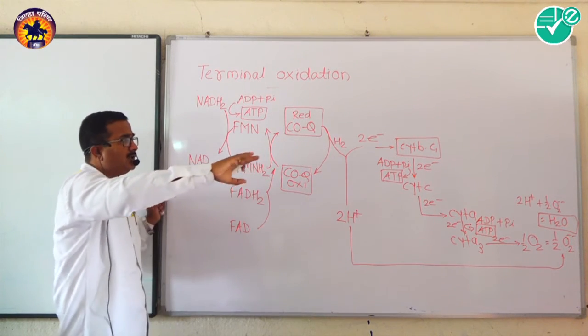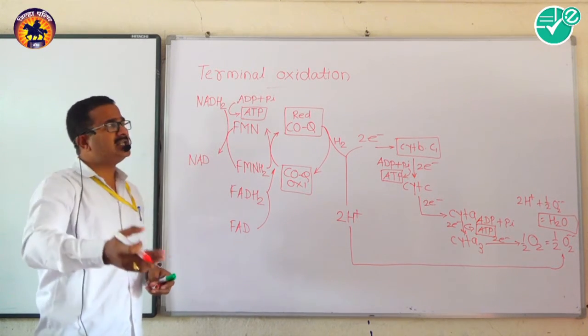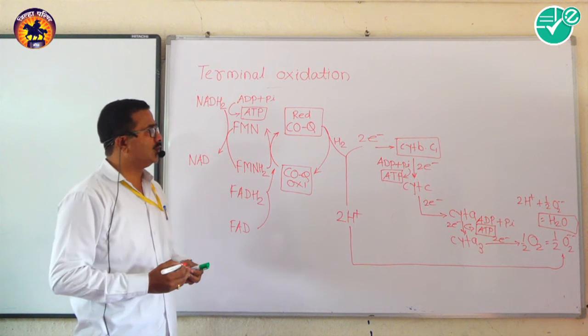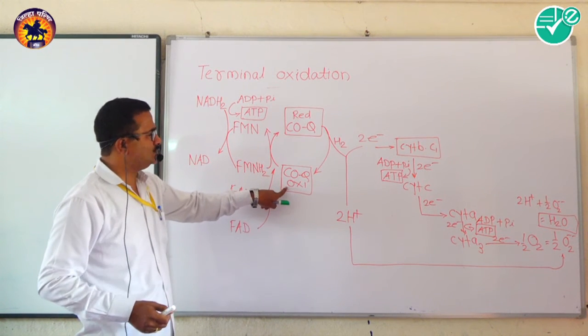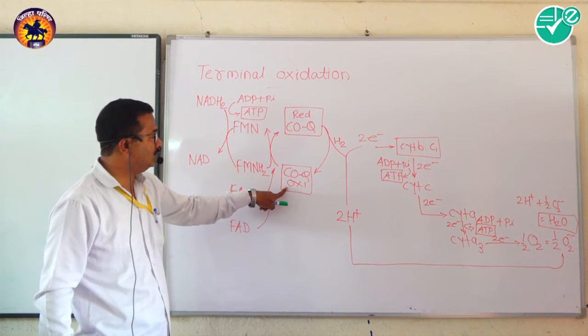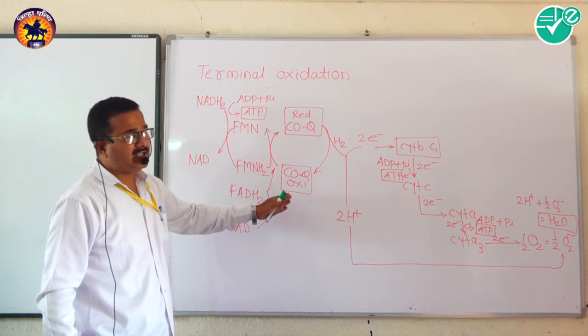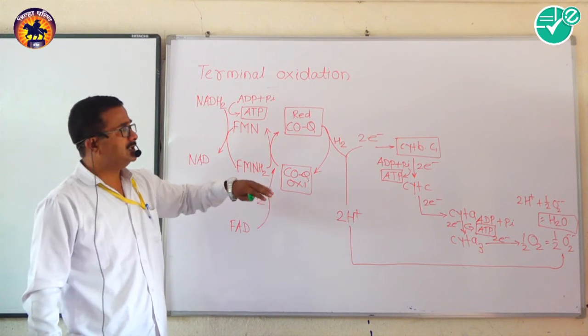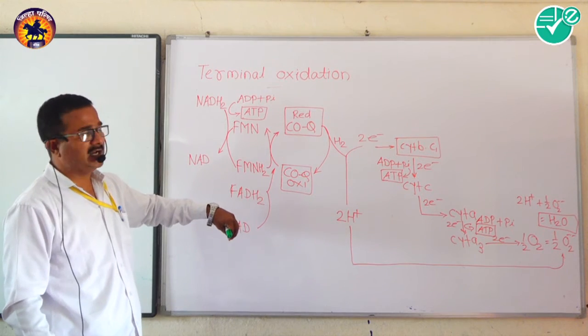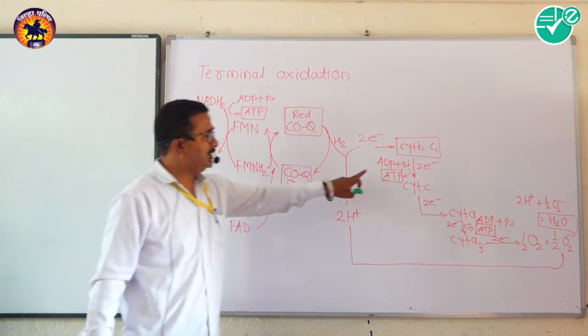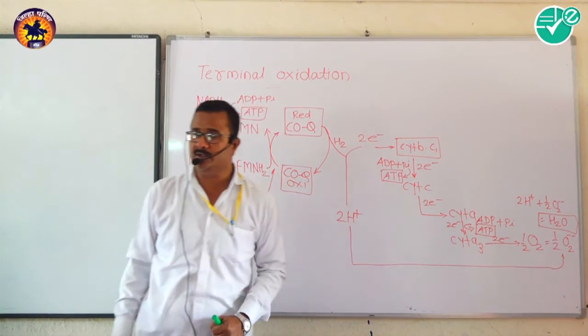This coenzyme Q releases the hydrogen and splits into two protons and two electrons, and then again comes into its original form, the coenzyme Q. Means when FADH2 is utilized for the electron transfer system, only two ATP molecules are formed.